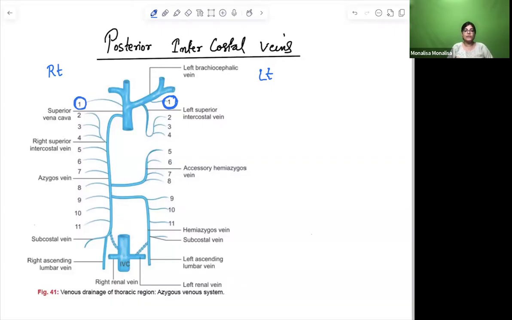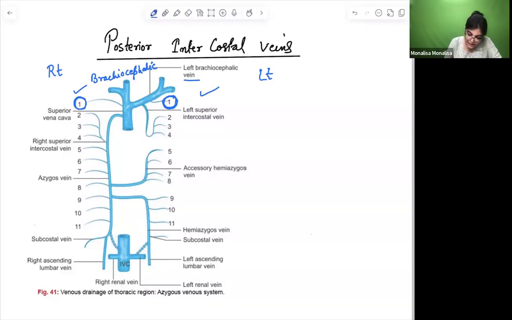So in this diagram, what you can appreciate, the right side first posterior intercostal vein will drain into brachiocephalic vein, and the left side will also drain into brachiocephalic vein. So both right and left side posterior intercostal vein will drain into respective brachiocephalic vein.